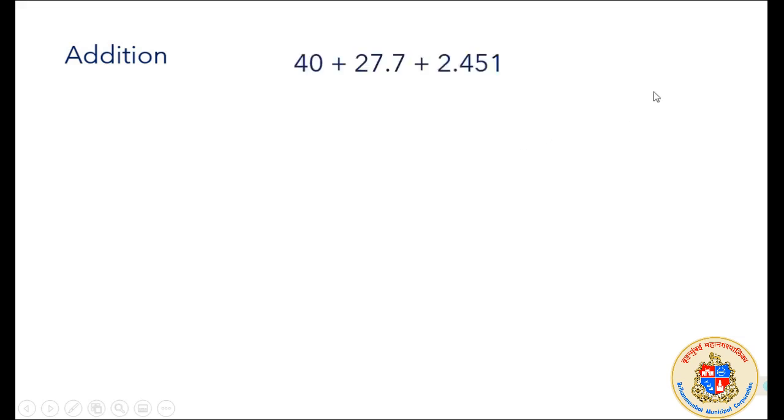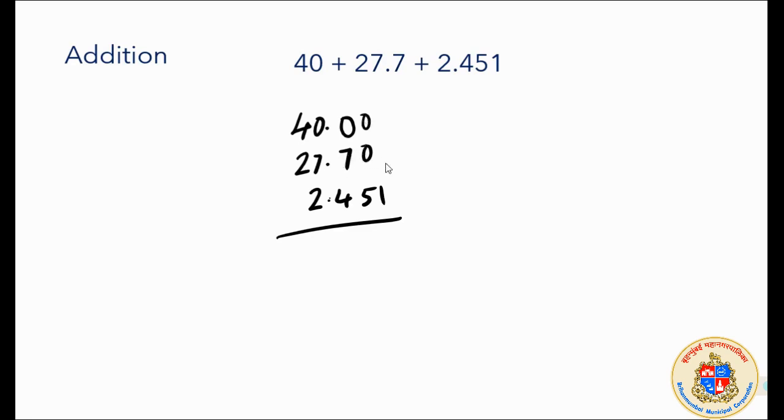Addition you have already studied. The most important thing you have to remember while doing addition is this: if you have to add 40, 27.7, 2.451, all these decimal points should come in a line. If you want, you can put a 0 here and a 0 here also, to get it clearly.